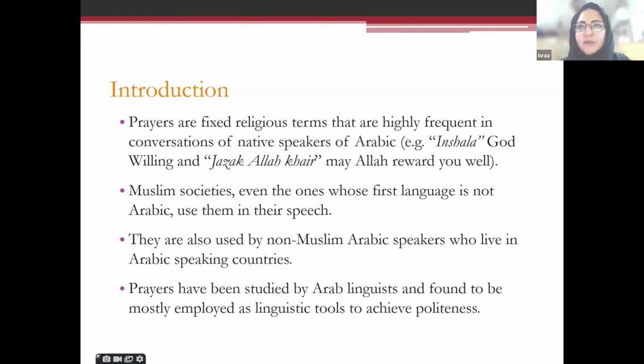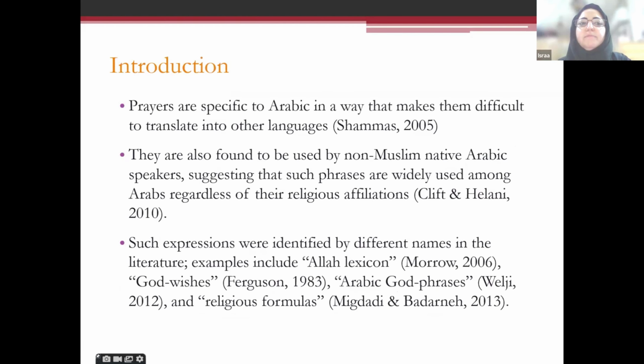Prayers have been studied by Arab linguists and found to be mostly employed as linguistic tactics or tools to achieve politeness. Shammas studied these prayers, and he's one of the first ones to study them empirically, and stated that they're specific to Arabic in a way that makes them very difficult to translate into other languages.